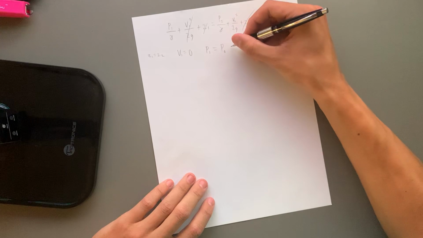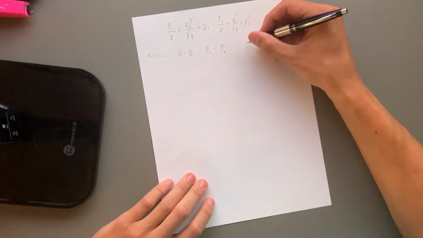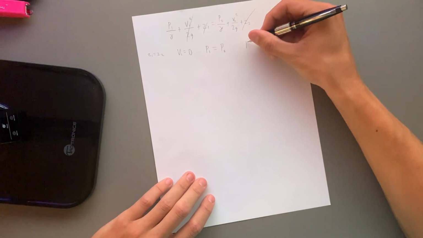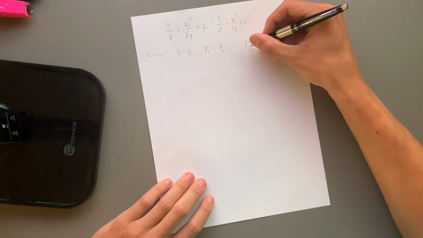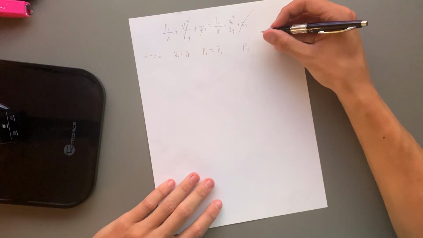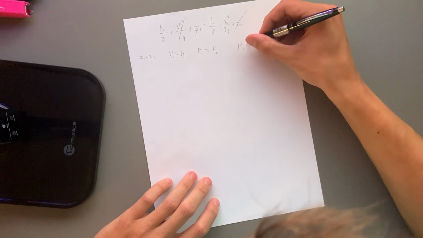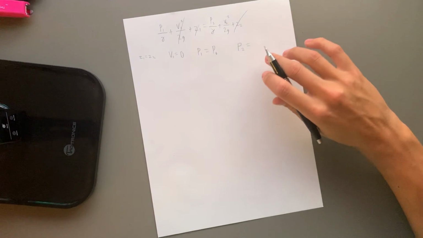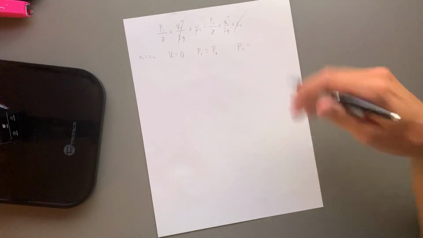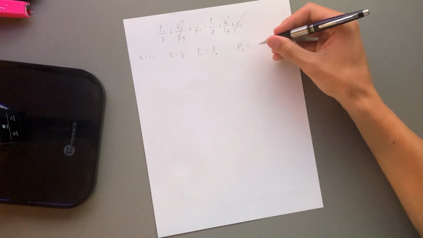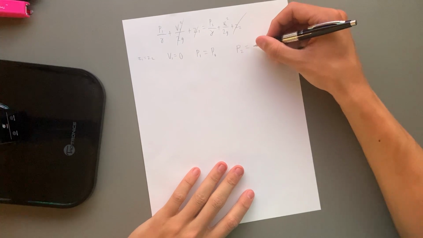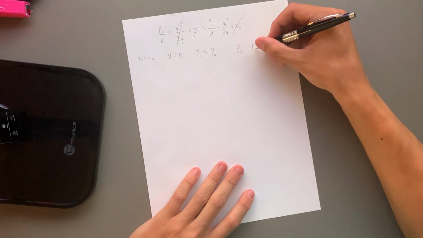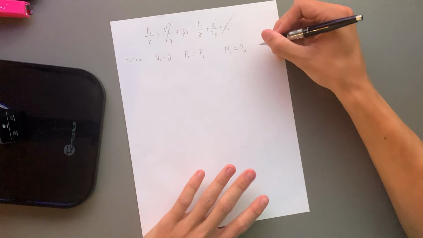Excellent. And now our final thing to do is our P2. Actually, wait, this isn't our final, I'm sorry. Our P2, so for this side, we're going to relate this to our vertical on the wall. So P2 is going to equal pressure on the wall.